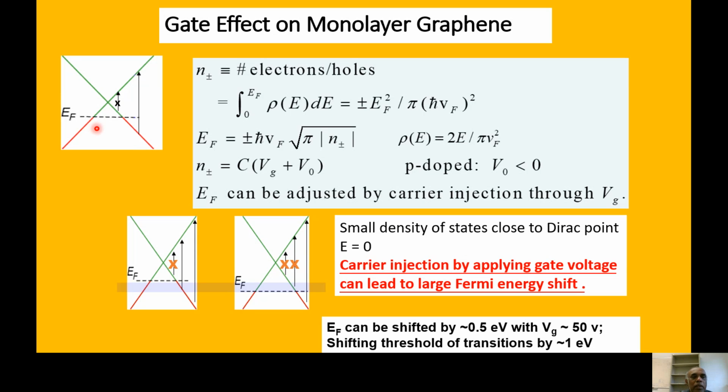Also, you need to understand, suppose this is my Dirac cone here. If my Fermi energy is at this point, electrons are filled up to this point, right? You can only promote electrons from a filled state to an unfilled state.